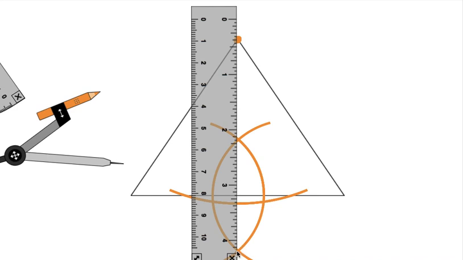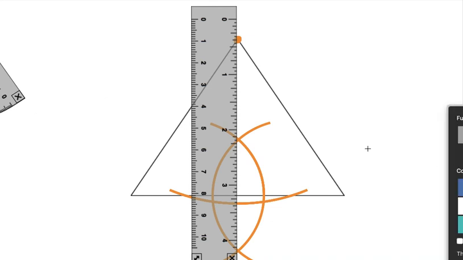So I want to hit both of these intersections of my arcs and the original point. So I'm going to draw a straight line along my straight edge that goes through that point at the top of the triangle and the 2 intersections of my arcs.